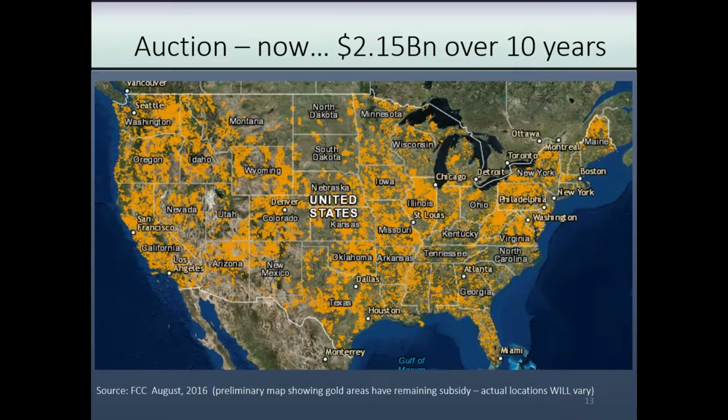When we received notice earlier in the year that additional monies had been allocated in what's called the CAM 4.3 model, it was released August 10. They showed us, as you see depicted in gold, the areas that are eligible for funding. And it does include every state in the U.S. with the exception of Alaska.